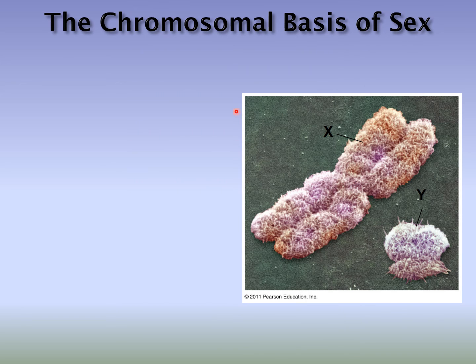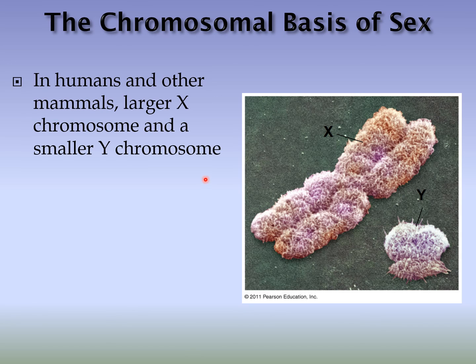Okay, so let's do a quick reminder, going back to the sex chromosomes. It's important to remember that females have two X chromosomes, and males have one X chromosome and one Y chromosome. So in humans, this is the same idea. There are two sex chromosomes.